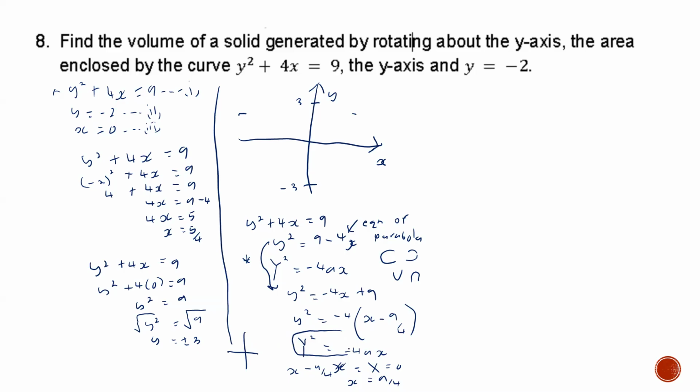But now because this is a minus 4a, the curve is tending towards the negative side. So this is a general curve, and the capital Y and the capital X are representing the coordinates of the vertex, which is 0 for the general curve. But now the curve that we have is y squared is equal to negative 4x plus 9. So that means our vertex cannot be at the origin. That's what it means. So we also needed this background info to come and sketch this guy thoroughly.